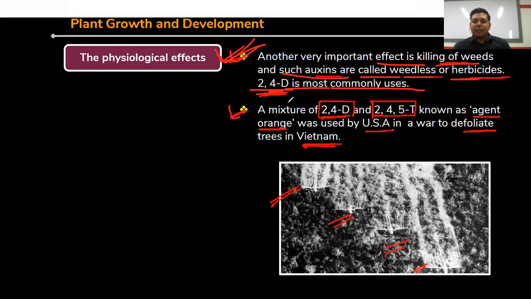A mixture of 2,4-D and 2,4,5-T, known as Agent Orange, was used by the USA in the war to defoliate trees in Vietnam. When America was at war with Vietnam, America mixed 2,4-D and 2,4,5-T and sprayed them on the agricultural fields and forests in Vietnam to kill a huge amount of plants, or defoliate them.